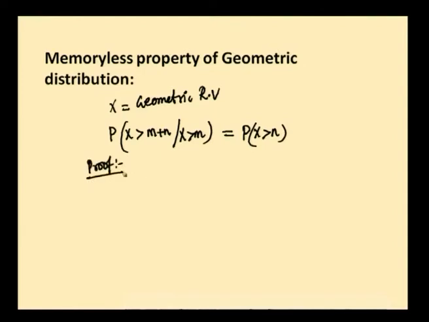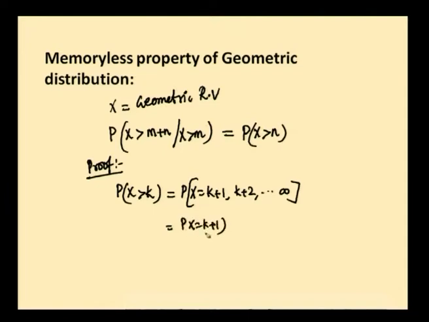Proof. Before getting into the left hand side or right hand side, let me take in general P of x greater than k for the geometric distribution. P of x greater than k means P of x is equal to k plus 1, k plus 2, etc. up to infinity. So, that is P of x is equal to k plus 1 plus P of x is equal to k plus 2 plus etc. up to infinity.